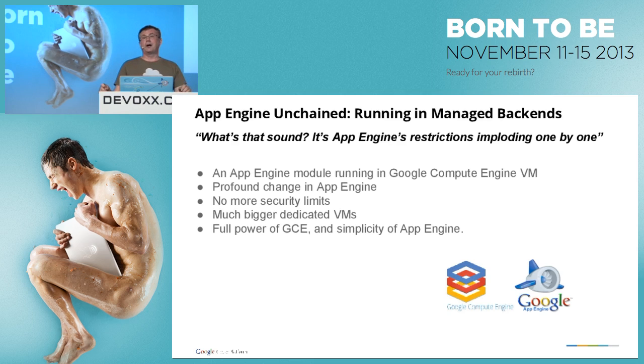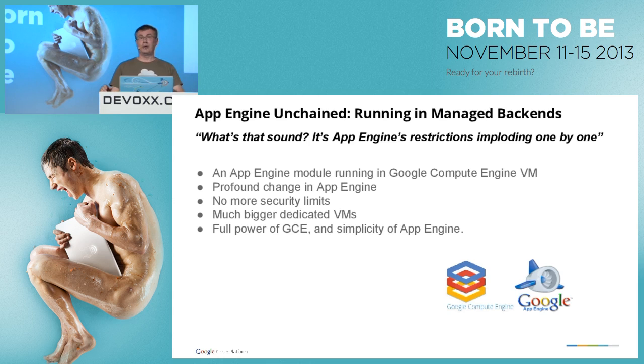Then you can also decide which type of VM you want. You have seen front ends, 512 megs of memory. Even my phone has more. You can now use a VM with 16 cores or more, and have a persistent disk of 10 terabytes.